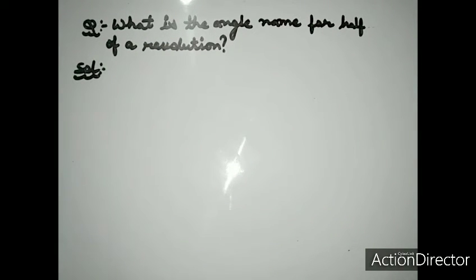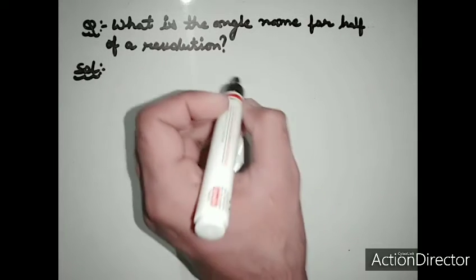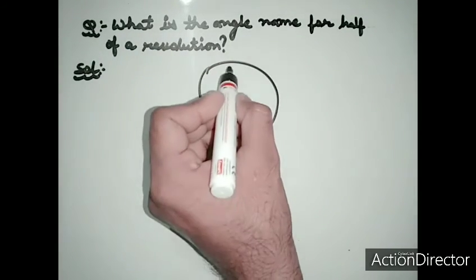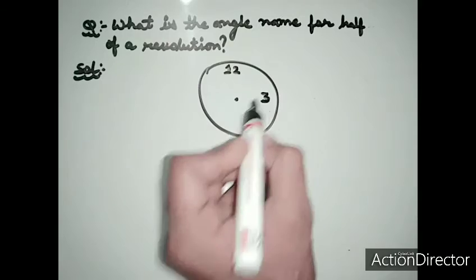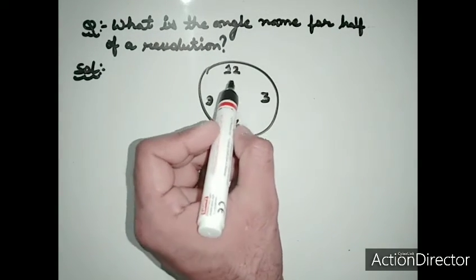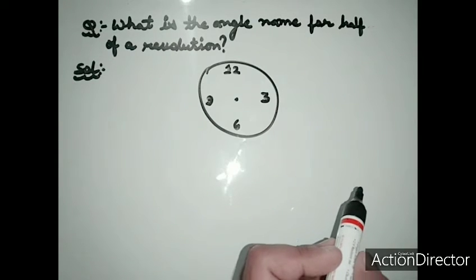Right. Now here we make a figure also, related to this question. First we draw a figure of a clock here, right? Now 12, 3, 6 and 9.